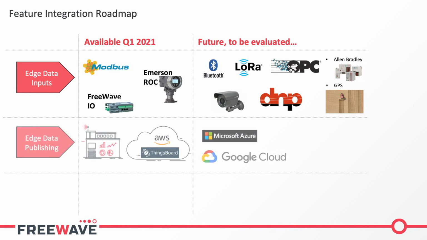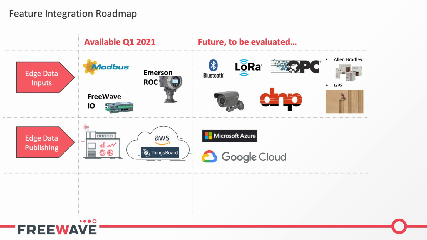In terms of edge data publishing via MQTT and email, we can go to many of the common SCADA systems. We also support going to AWS and ThingsBoard for cloud platforms. And then data processing: the alerting demo I showed, that edge storage, that real-time and store and forward data history publishing, all available in our release coming out in Q1.